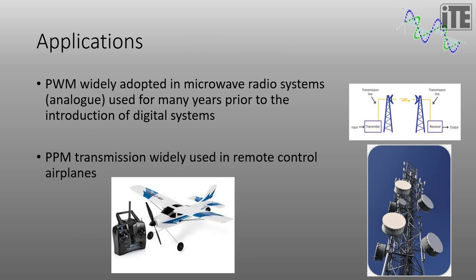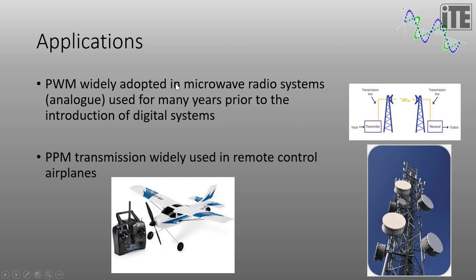Now, as I said, pulse position modulation is used widely in remote control aeroplanes. Very simple, and that's used for remote control anything really. Certainly the very cheap ones, but more expensive ones might use different systems.